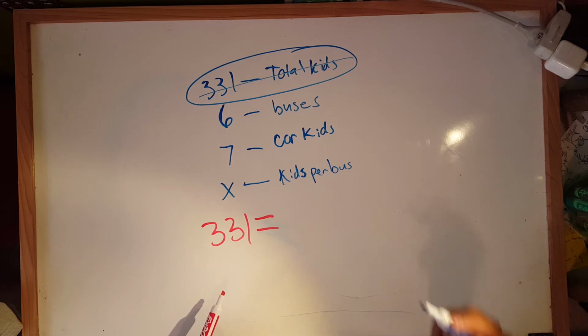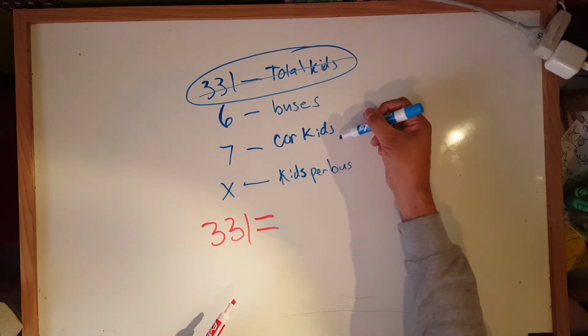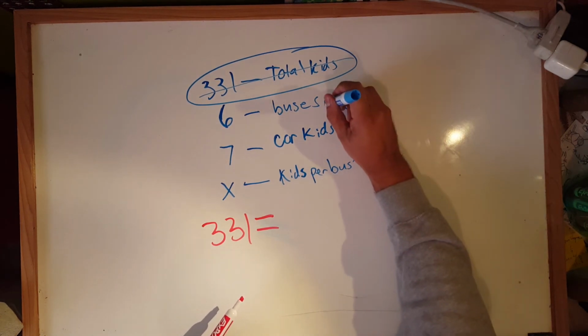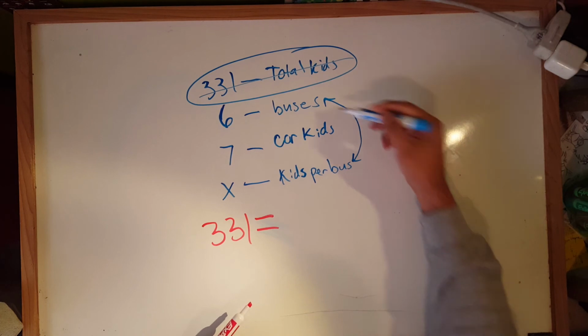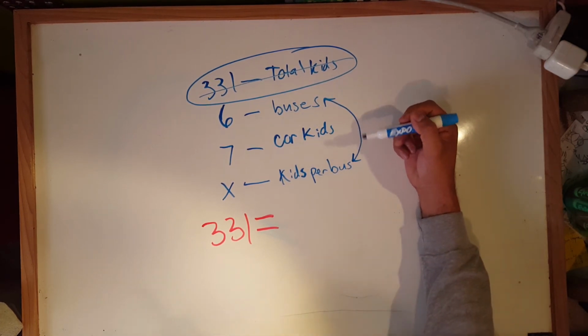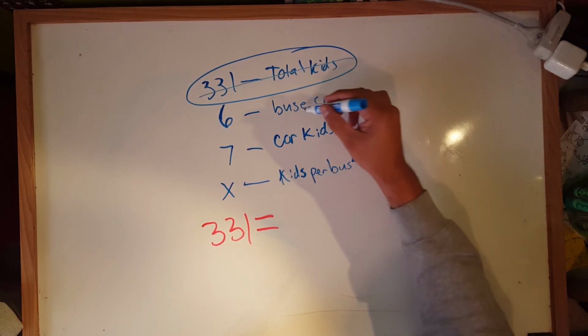Okay, so now I'm left with the 6, the 7, and the X, or the buses, the car kids, and the kids per bus. Well, right away I can tell that these two are going to go together because they both have bus. Okay? So what are we going to do with the 6 and the X? Well, let's see. We have kids per bus and buses.